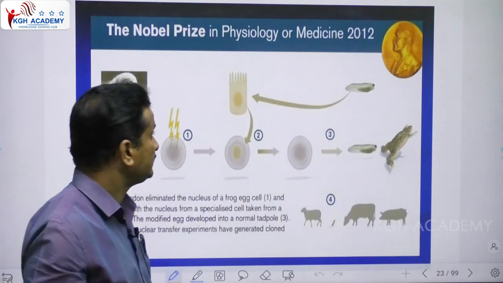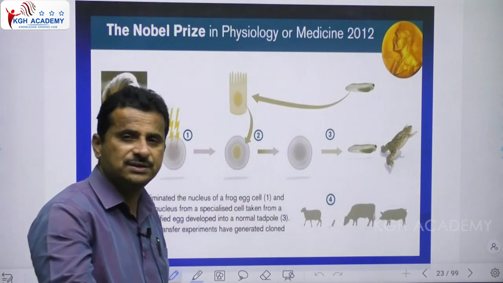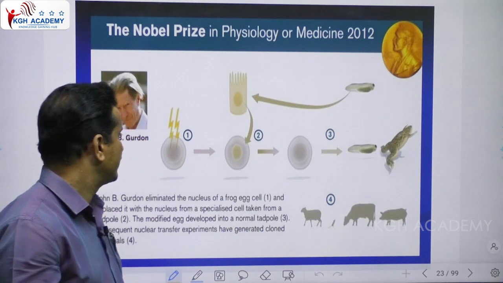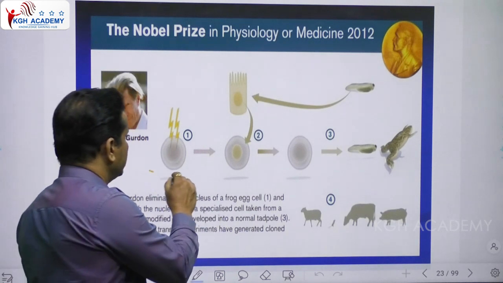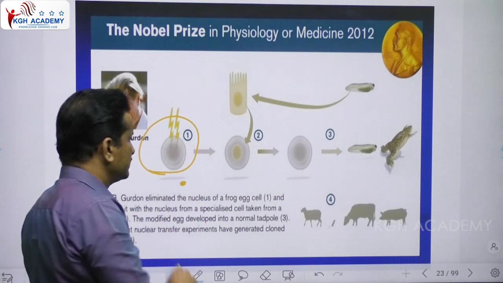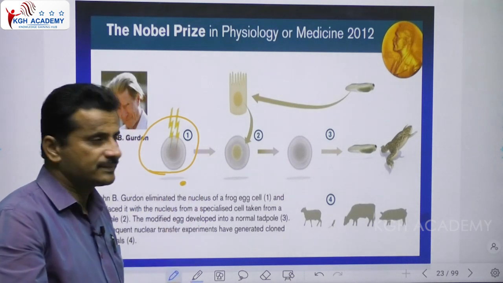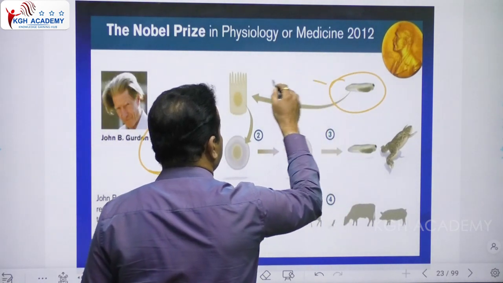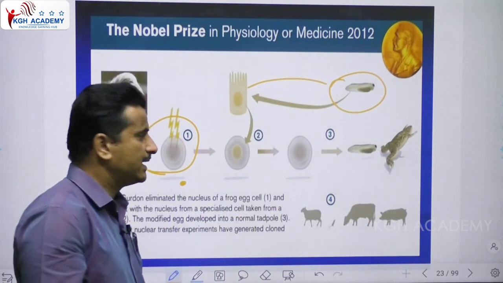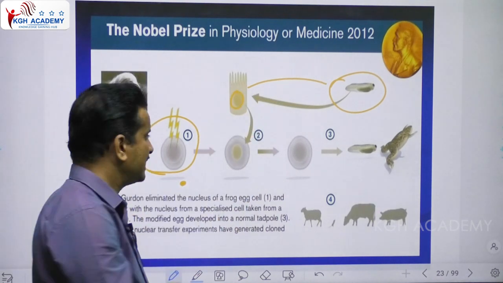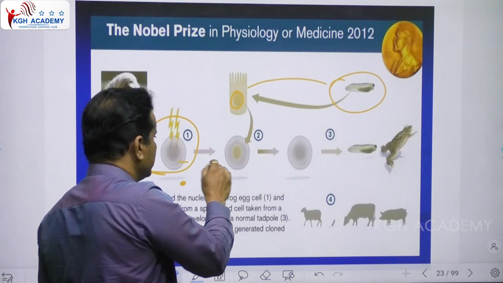Next slide. This is John Gurdon's experiment, a somatic cell nucleus transfer experiment. He took one egg and isolated its nucleus. Then he took a frog tadpole larva body cell, separated its nucleus, and transferred this nucleus into this egg.